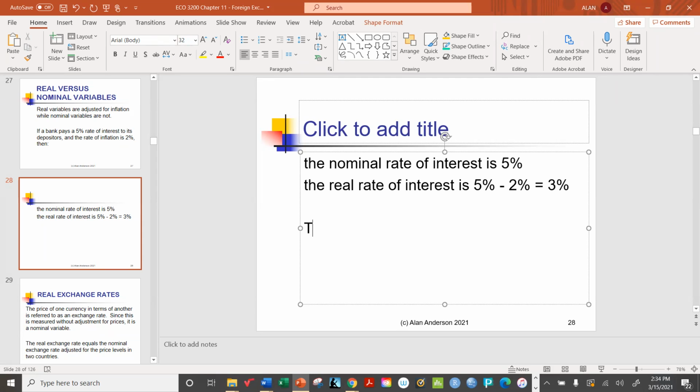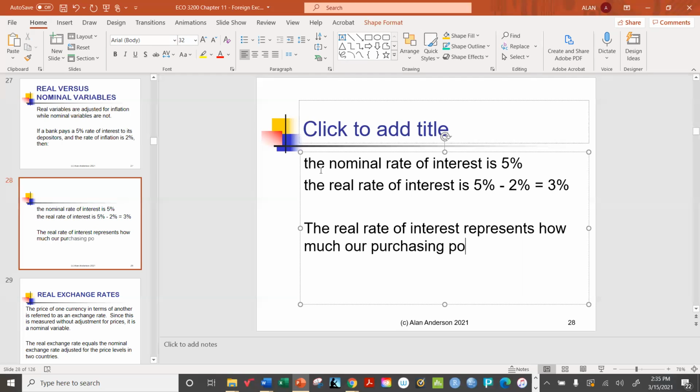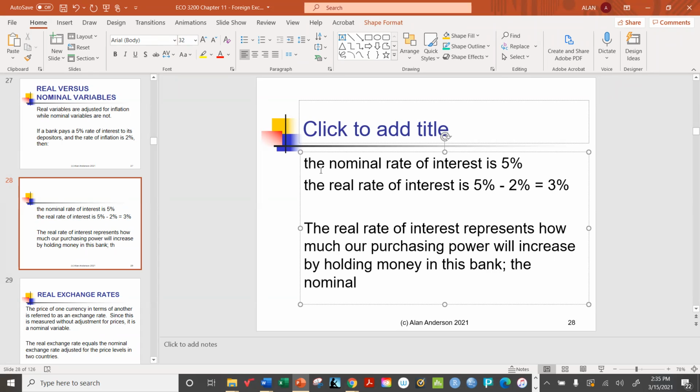Okay, and the real rate of interest represents how much our purchasing power will increase by holding money in this bank. The nominal rate only shows how much our balance will increase.